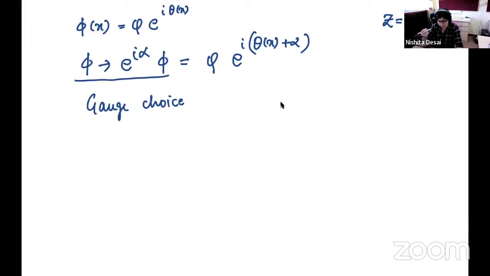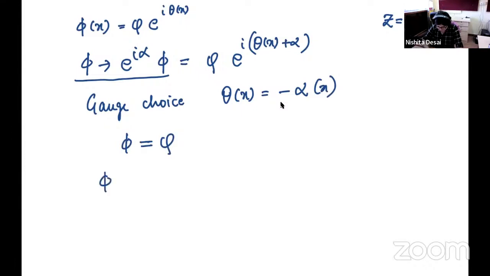It's telling you that you can pick a different alpha for each point in spacetime. So if you write your field like this, you can make a gauge choice where your theta is always the opposite of whatever gauge choice you're making. And if you do this, then your phi is simply real always, so you don't have to worry about the exponent. And your phi star phi term simply becomes phi squared.